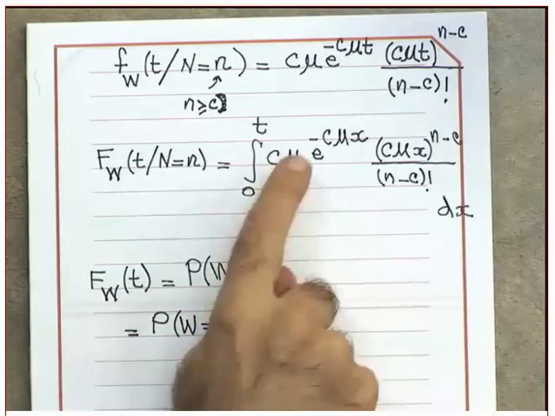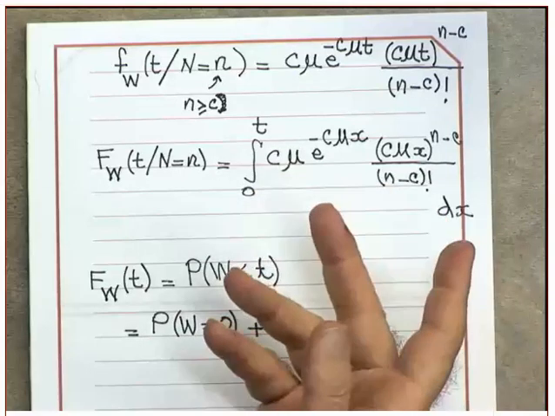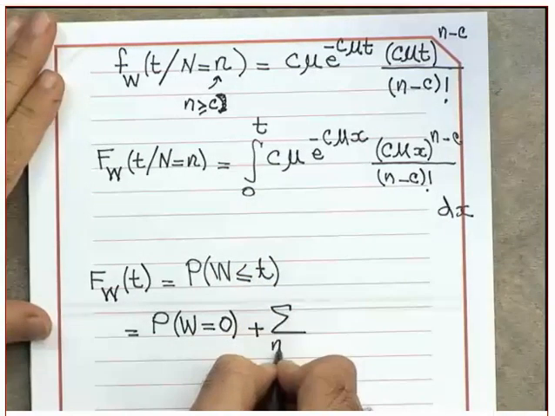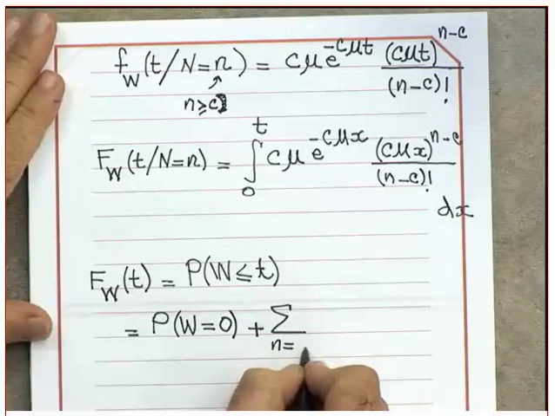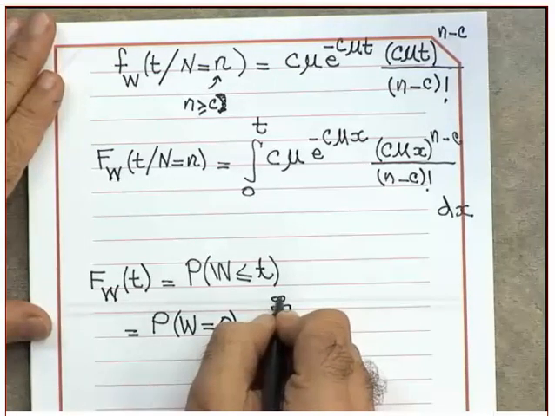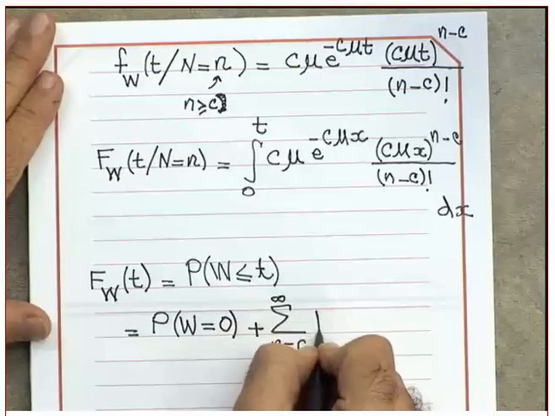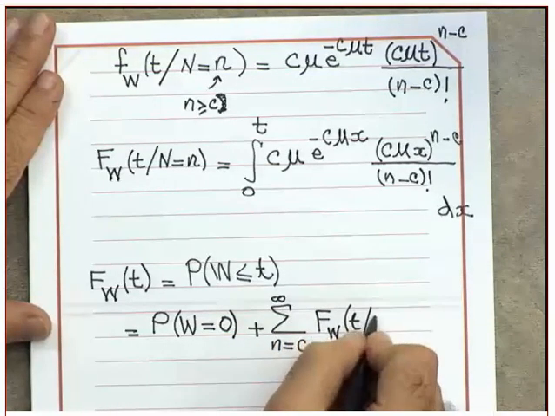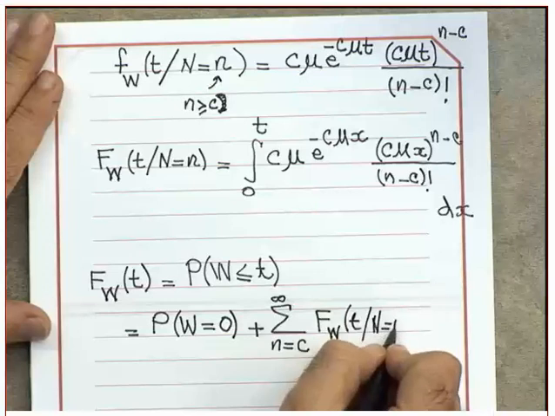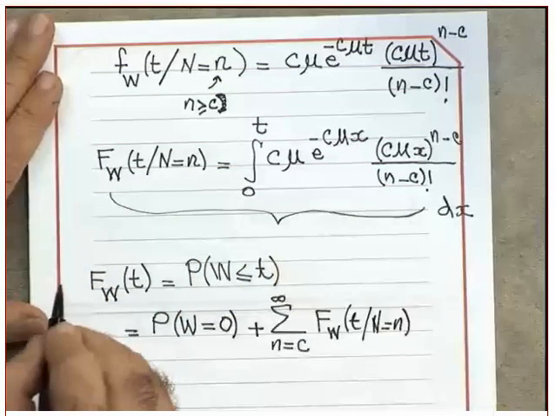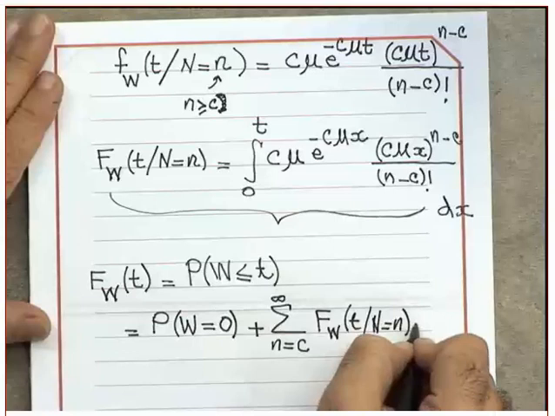Now, is N a discrete random variable? So what do I have? Summation n equal to c to infinity of F_W(t) given N equal to n, which is this term, times what?